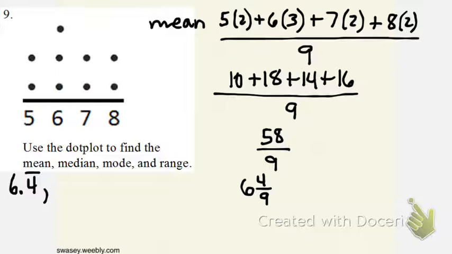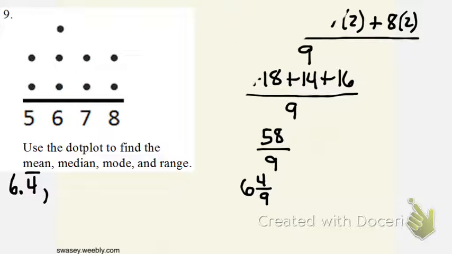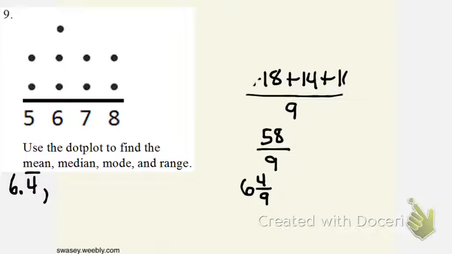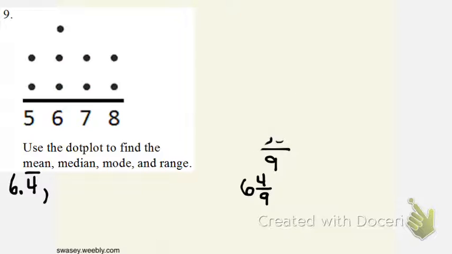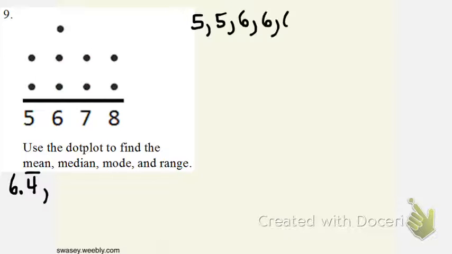Median is the middle number. So if we list out all of our numbers, so we have 2 5s, 3 6s, 2 7s, and 2 8s.